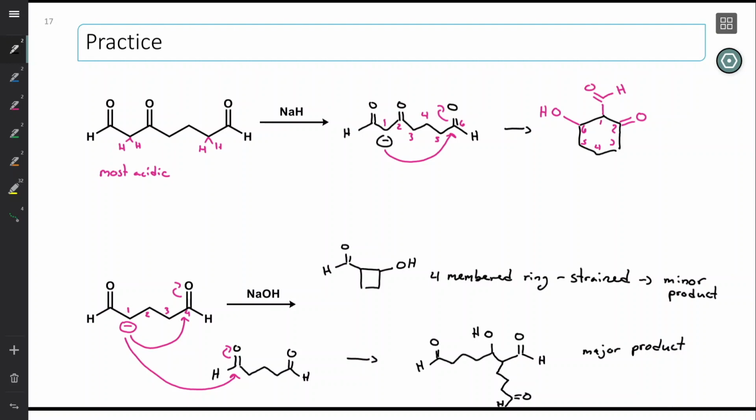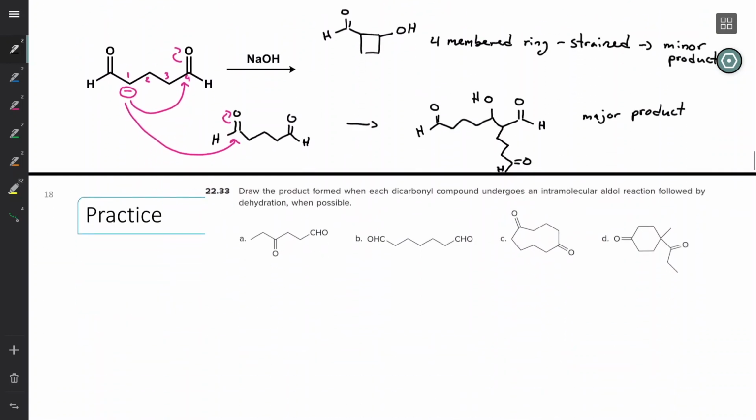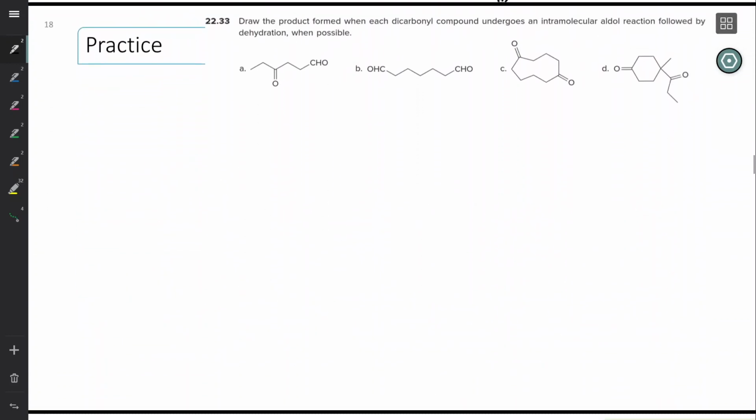Okay, we have some more practice. Definitely try this a little bit at first. Let's go, okay, A. We're going to do an intramolecular aldol, they tell us, and then a dehydration. So dehydration, base and heat.